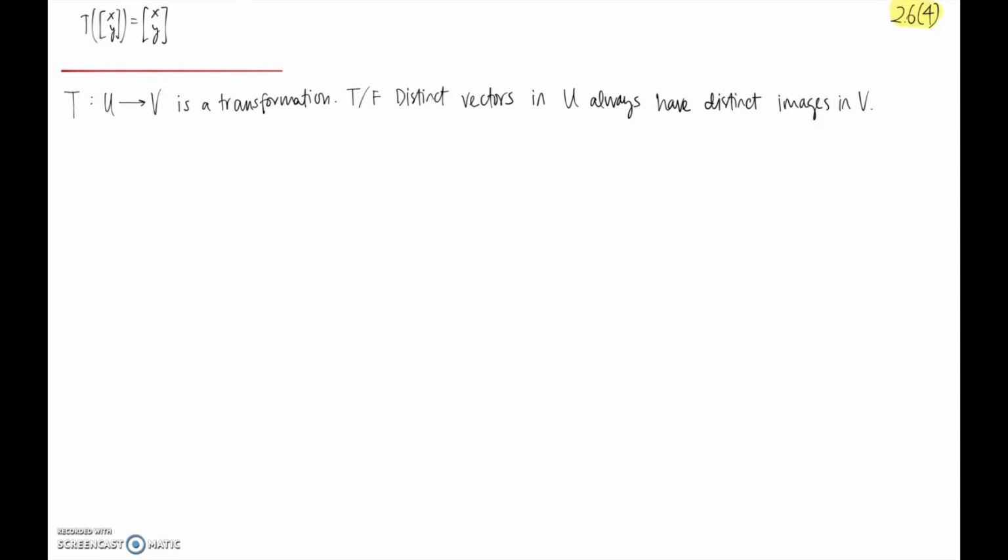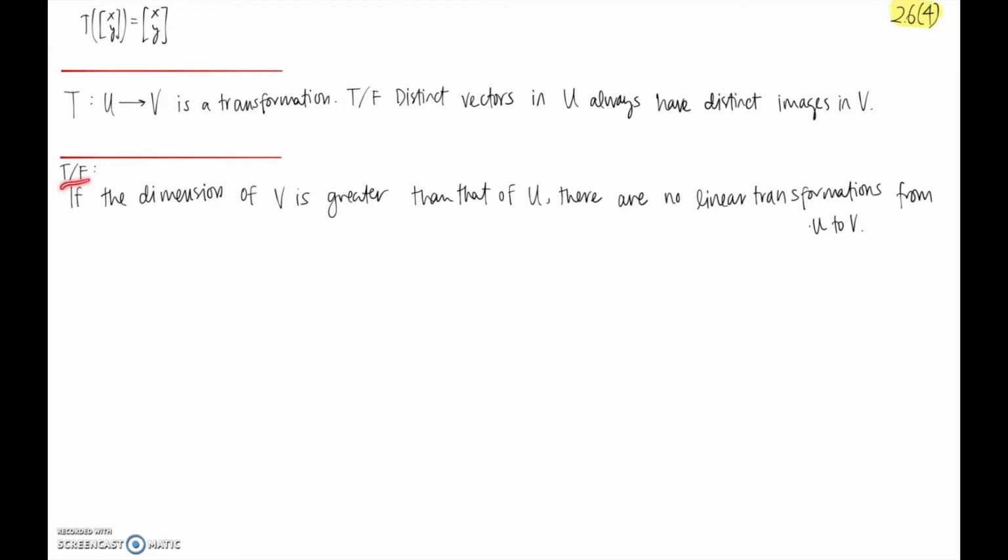Or in other words, could it be possible that two vectors in U go through the transformation and end up at the same image? The hint I'll give is think about being in R2 and say that your transformation is represented by the matrix [1, 0; 0, 0]. This is a linear transformation. Could that ever send two different vectors into the same vector?